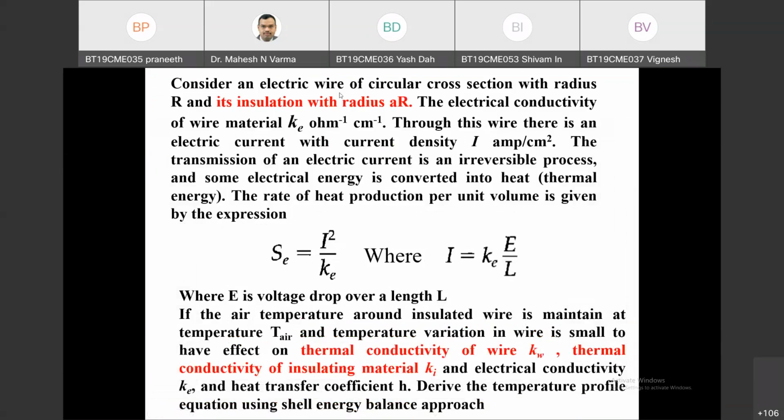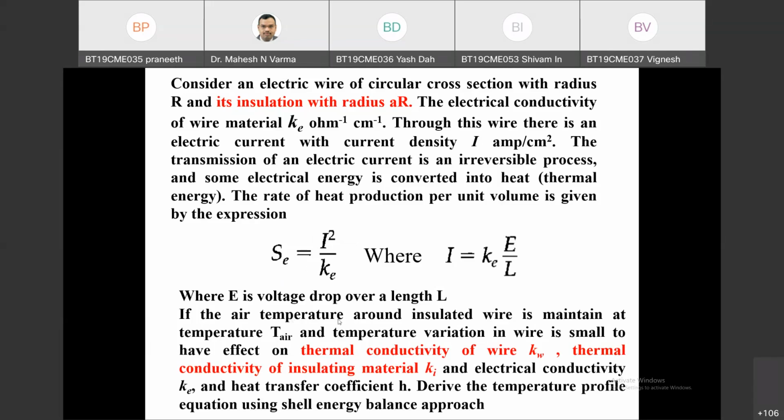Consider an electrical wire of radius R and its insulation with radius aR. a will be greater than 1. So some radius is there, radius of insulation aR. Electrical conductivity of wire material is Ke. Again, the same amount of heat is generated per unit volume.